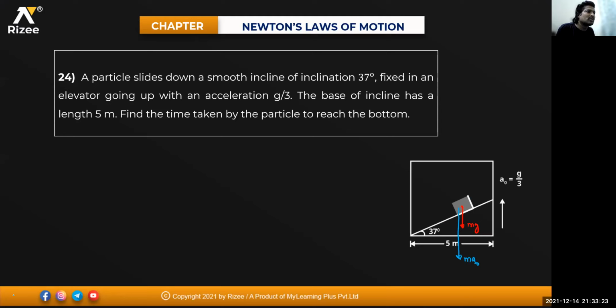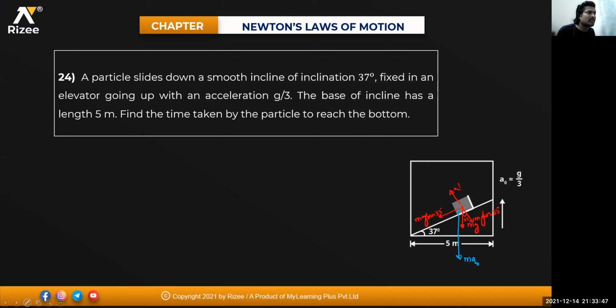Now if I resolve these components, see here, there is one component like this and another component like this. This angle is 37 degrees. This is mg cos 37, this is mg sin 37, and this is the normal reaction.